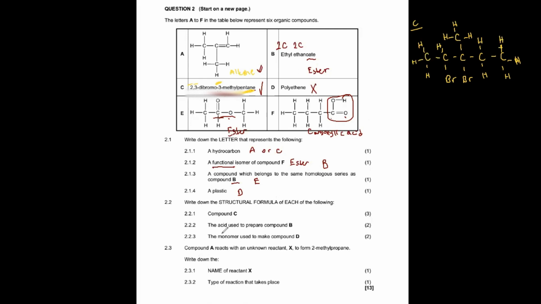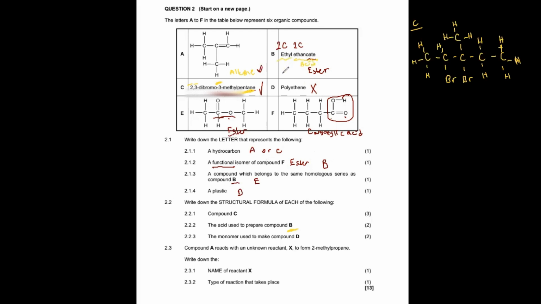When we come to 2.2.2, the acid used to prepare compound B. This is also related to the reactions I mentioned the other day. Compound B is an ester. Esters form when we have an alcohol and a carboxylic acid. This part of the ester comes from the carboxylic acid.